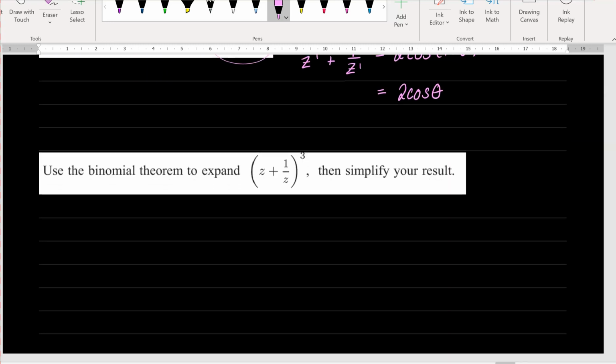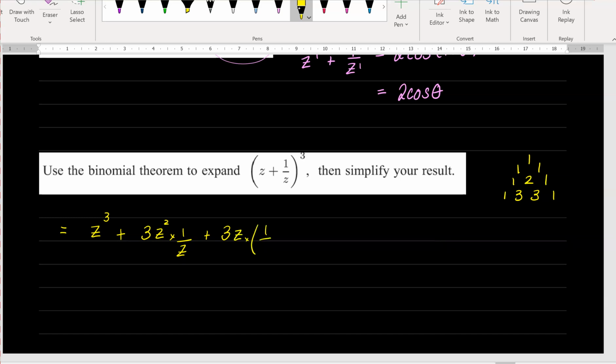Next one, use binomial theorem to expand, then simplify your result. So we get our favorite little friend here, Pascal. Remember our Pascal's triangle, 1, 3, 3, 1. So when I expand this, I know that is going to be that first one, z cubed, plus we're going to have 3 times, now the z is squared, but I'm timesing it by the next term here, which is 1 on z, and that's technically to the power of 1, plus 3 times now z cubed, z squared, this becomes z, but then we times 1 over z, and we take that to the power of 2, plus 1 lot of z is now to the 0, and we've got 1 over z cubed, right?